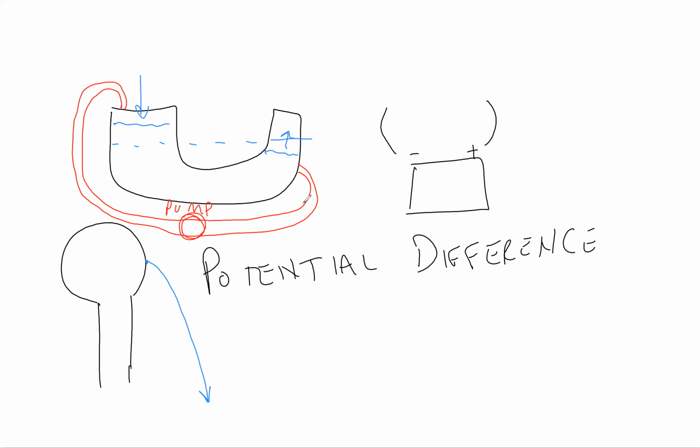That pump will pull water this way and push it up this way, and that way the water levels will never reach equilibrium, because we're pulling that water out of this area before it reaches that equilibrium point. Well, electricity is the same way. We need to have a pump in order to keep the electricity flowing if that's what we want it to do.